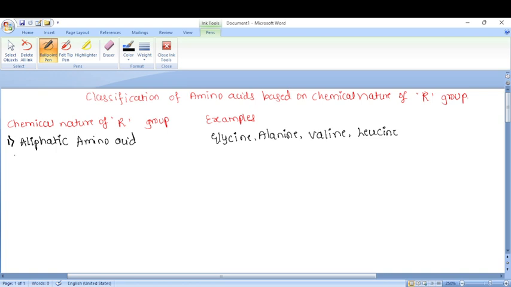Next, second one, aromatic amino acids. This is very important. Examples are phenylalanine, tyrosine, and tryptophan.